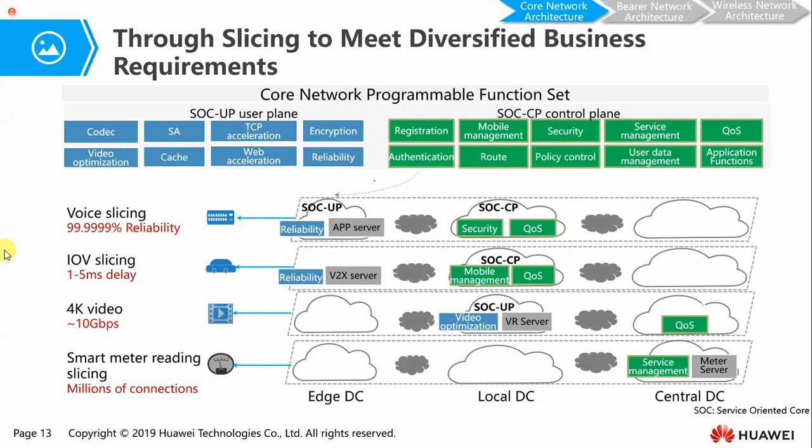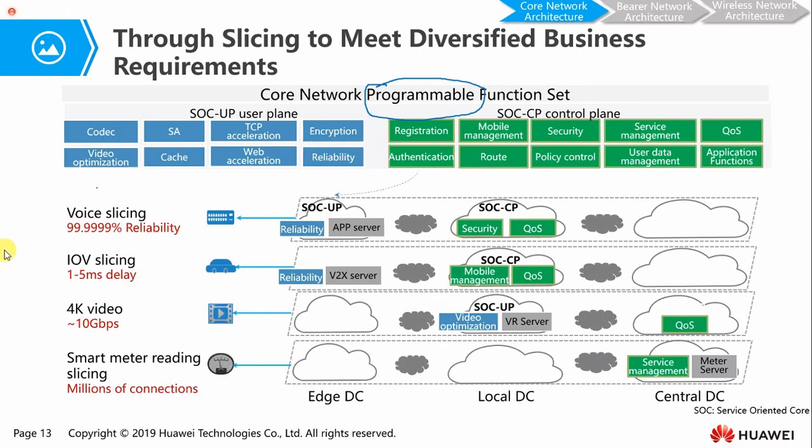To realize the slicing of a core network, the network function is programmable. You can see the list of some functions which are programmable.